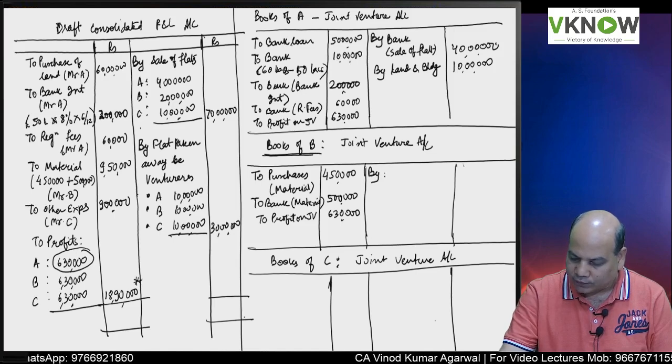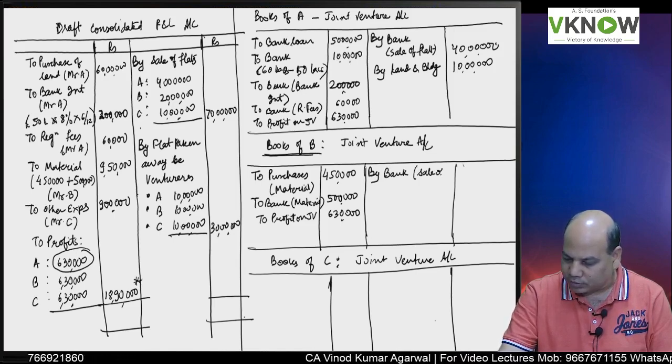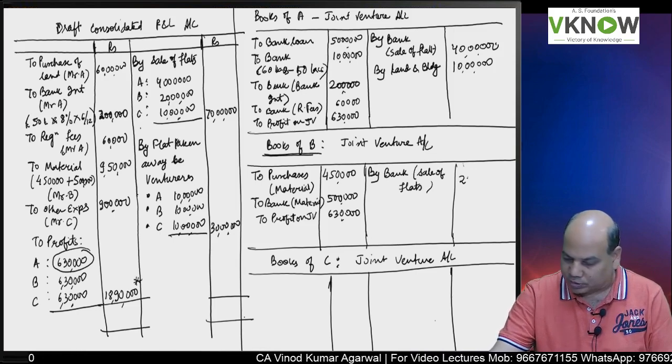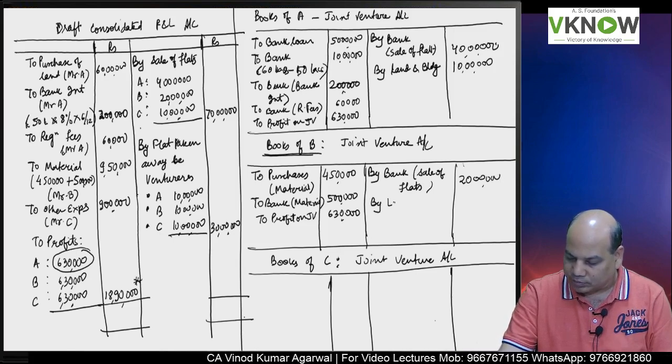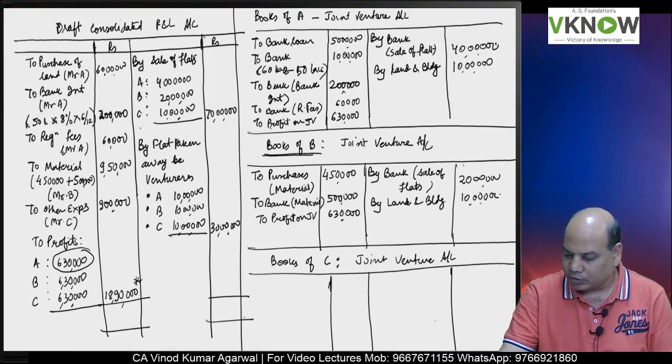He has sold flat by bank, he has sold flat and he collected 20 lakh rupees, and by land and building he has taken over one flat valued at 10 lakh.